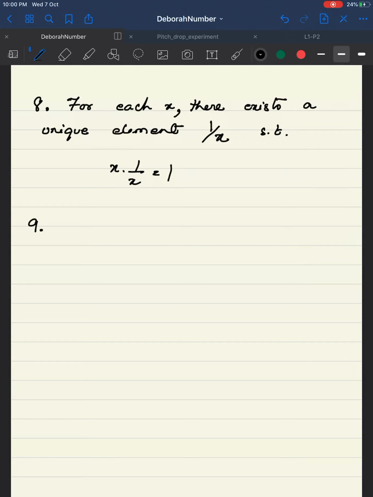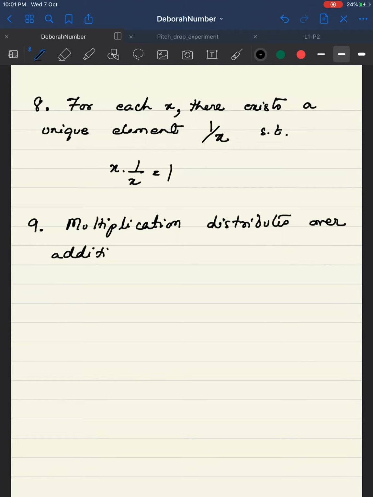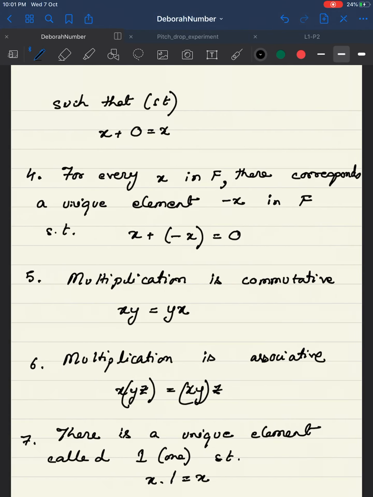And then the ninth rule, which is a combined rule, says that multiplication distributes over addition, which means x into y plus z is the same as x into y plus x into z. So we have defined 9 operations for us.